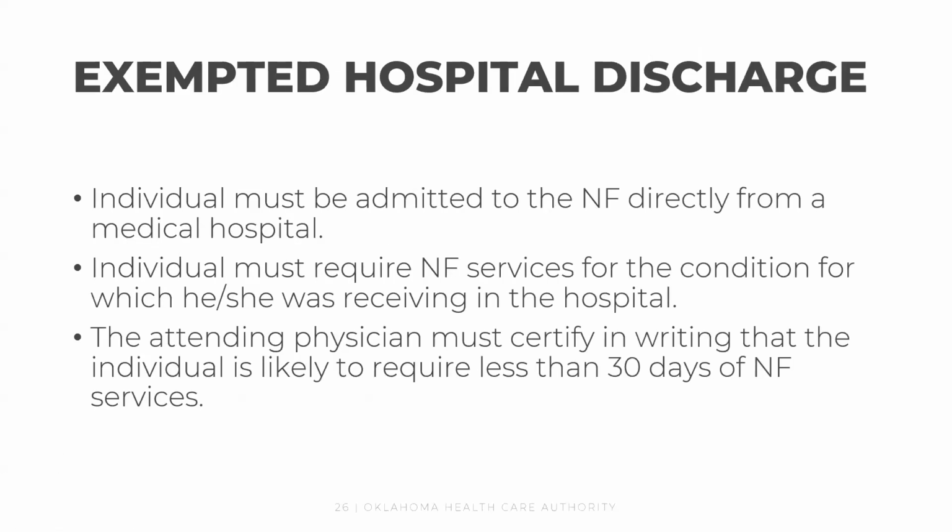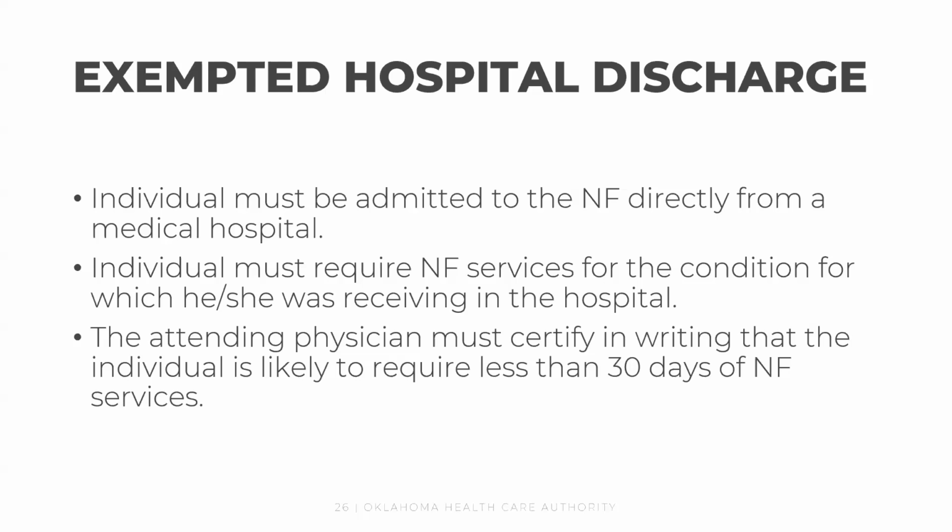Exempted hospital discharge. We're going to spend a little bit of time on this because this has all different kinds of legs to this, and we want to make sure that you understand fully what this is, what the criterion is, and things like that. So, an exempted hospital discharge is for when somebody is going to be in the nursing home for 30 days or less and would otherwise, that's a key word, would otherwise require a level 2 PASRR because of a diagnosis of mental illness, intellectual disability, or related condition.